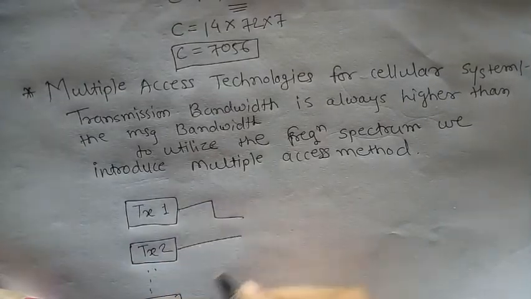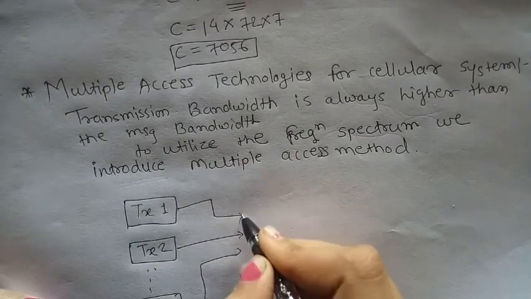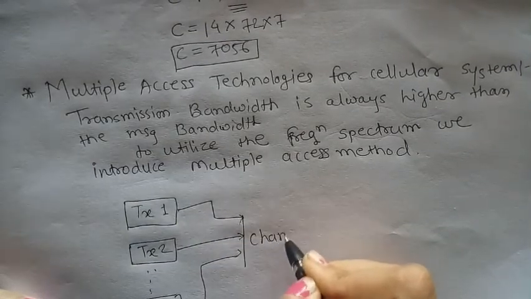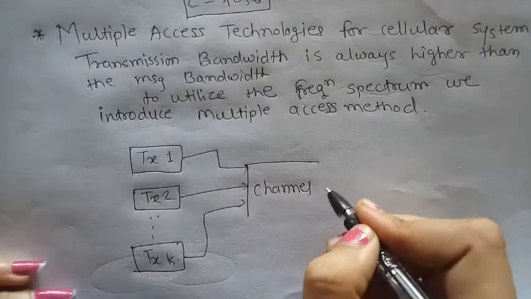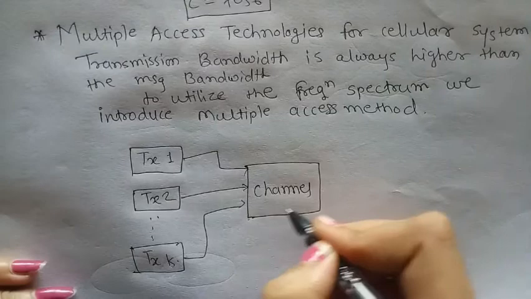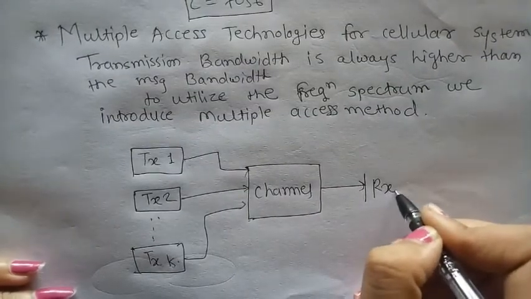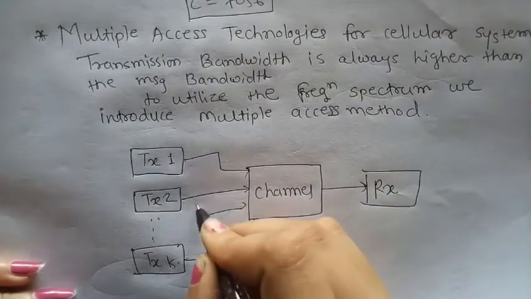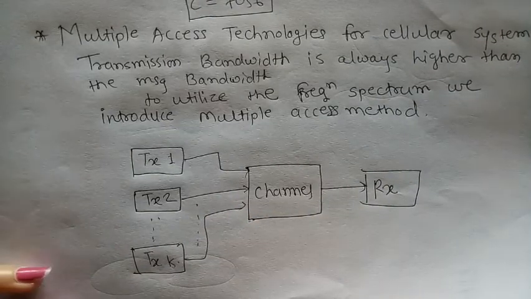These are given to the channel, and this is provided to your receiver. This is the simple block diagram of a multiple access system.